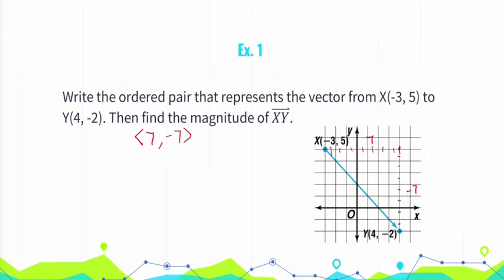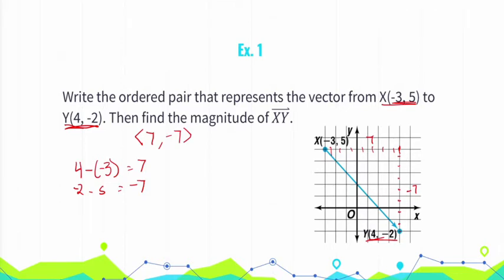You can also subtract the coordinates. You have to do the end point minus the initial point because the order matters. If you do 4 minus -3, that gets you 7 for the x, and -2 minus 5 gets you -7 for the y. So you don't have to draw a picture, you can also subtract the coordinates.